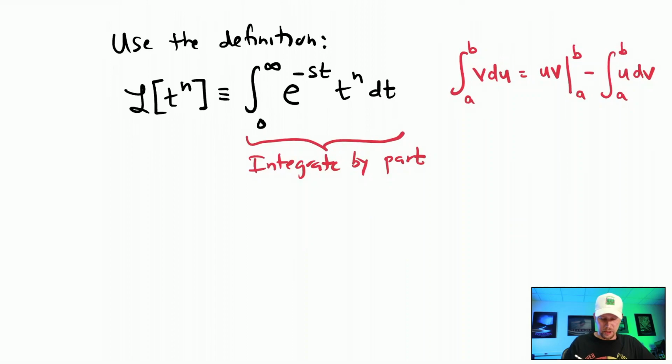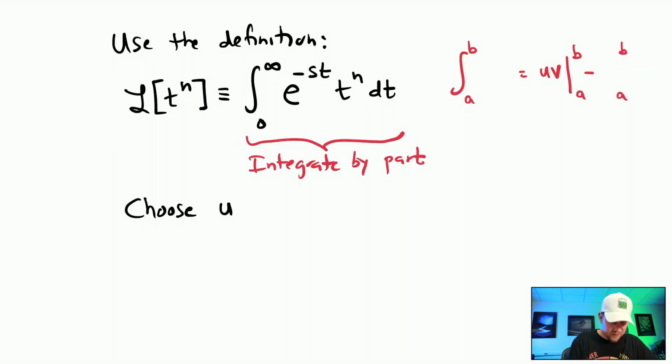So here, what I'm going to do is I'm actually going to choose u. Actually, let's do it this way. I rewrote this slightly in a different form. It's usually u dv minus v du.